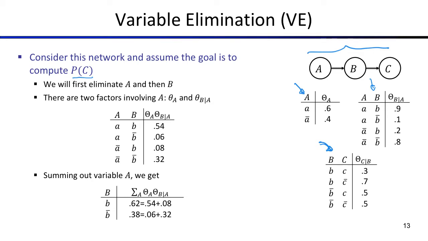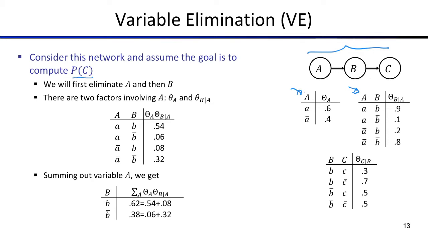If we look here, we have these 3 factors, and the factors that mention variable A are these 2 here: the probability of A, and the probability of B given A. So we have these 2 factors, and we need to join them first and then eliminate the variable A. The join is the multiplication operation that we have already discussed.